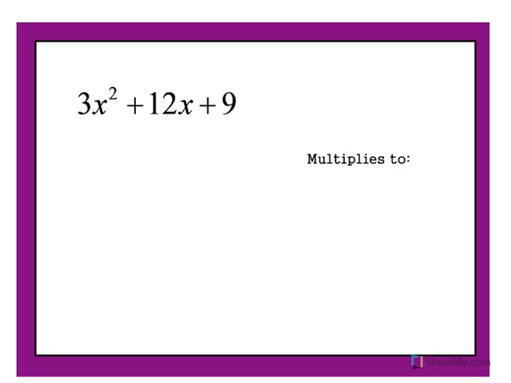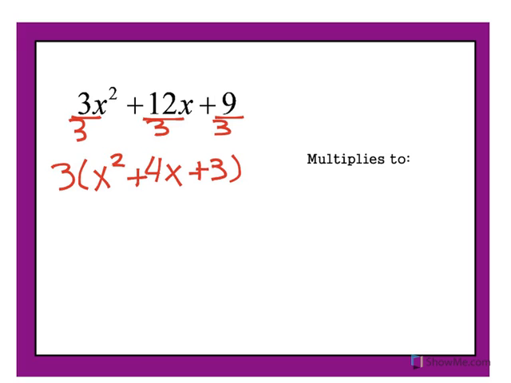One thing I would like to point out, and I'm hoping that maybe somebody noticed this, do you notice that all of the numbers are divisible by 3? That means we can pull a 3 out of all of these. That would leave me with x squared plus 4x plus 3. Notice the leading coefficient is a 1.